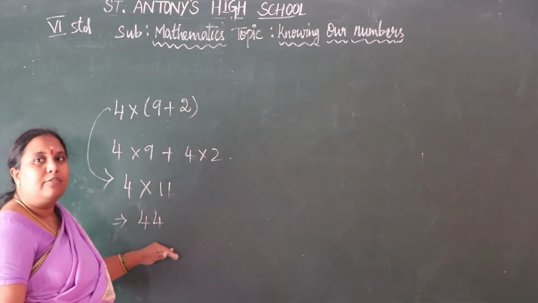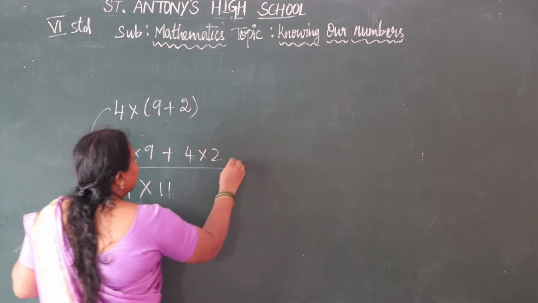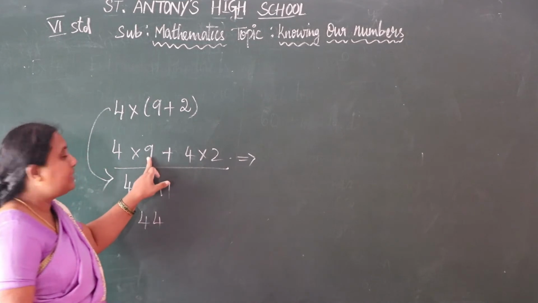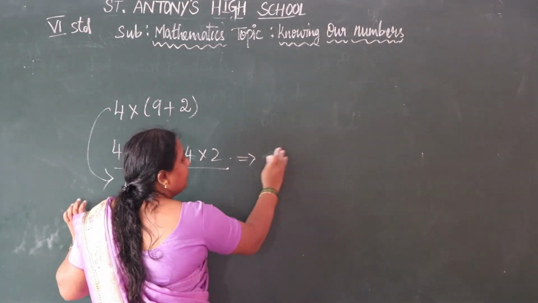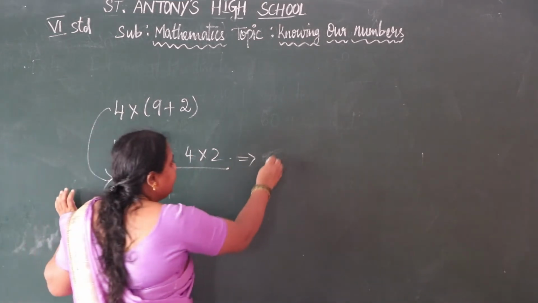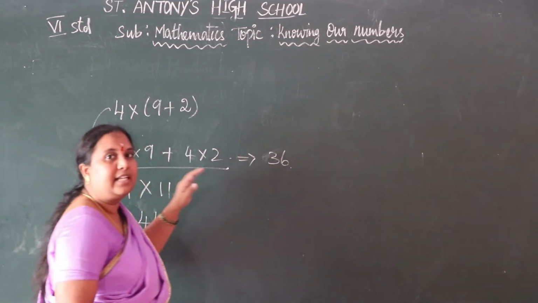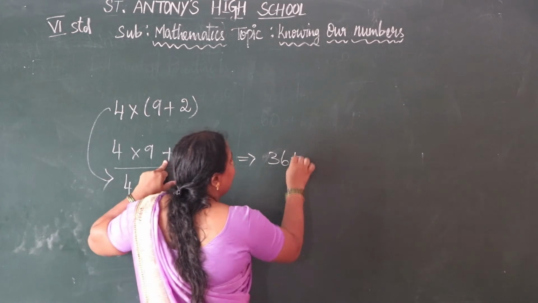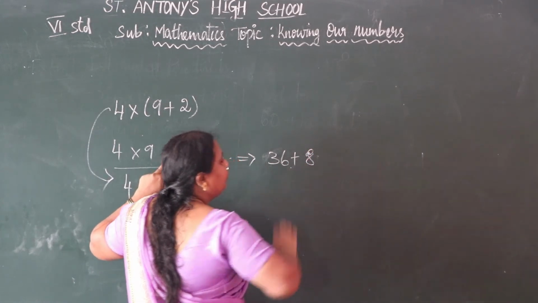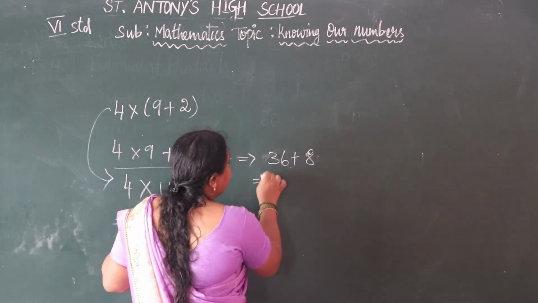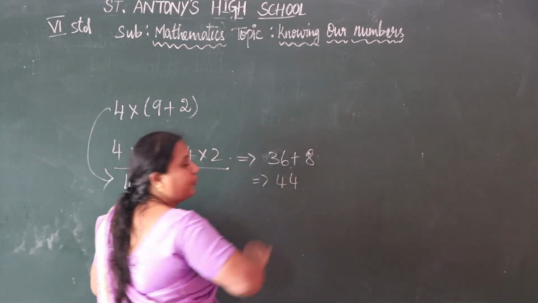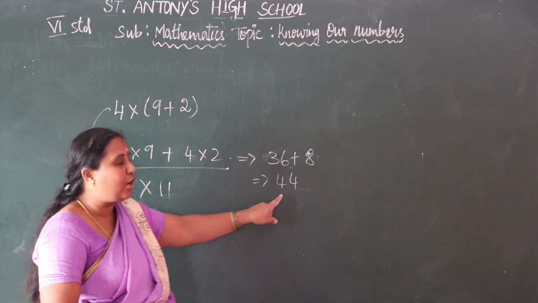Now for this, 4 nines are 36, plus 4 twos are 8. So 36 plus 8, we are getting the same answer, 44.